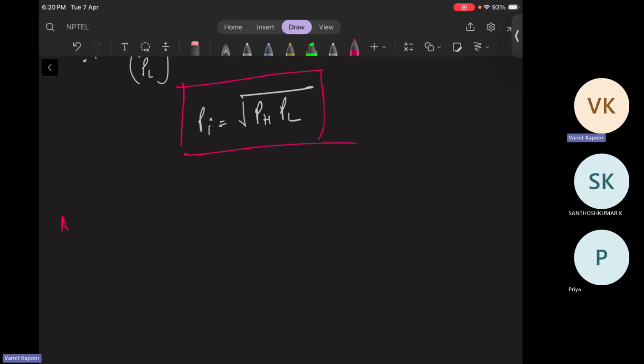Now let us write one point as note. When I am doing multi-staging, instead of 2 compressors, I can have more than 2 compressors, 3 compressors, 4 compressors.